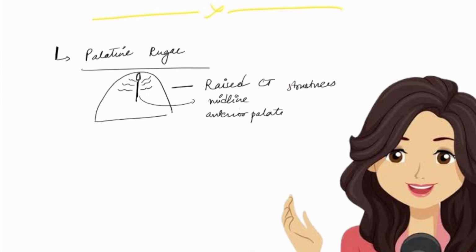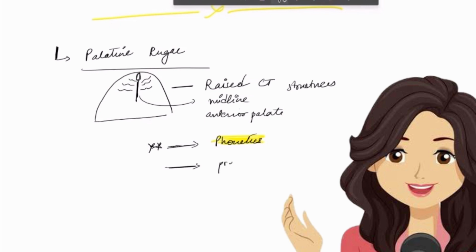Most important function of palatine rugae is what? It helps with phonetics. That is a very important key function of your palatine rugae, that it helps with the phonetic part of your denture. 100% very important point. Second is that it prevents, can you take a guess? Forward movement of denture.